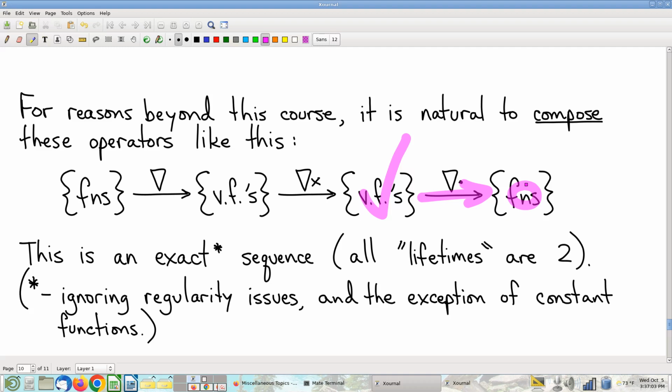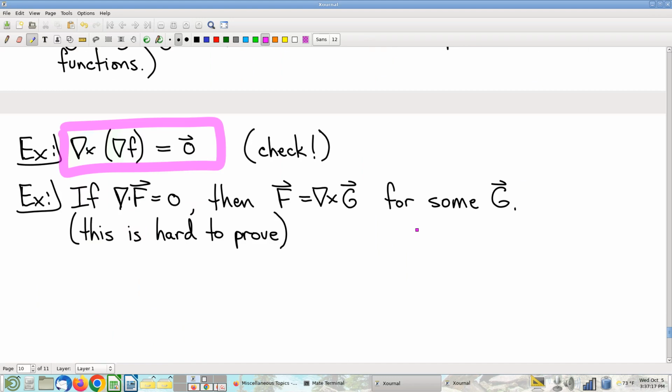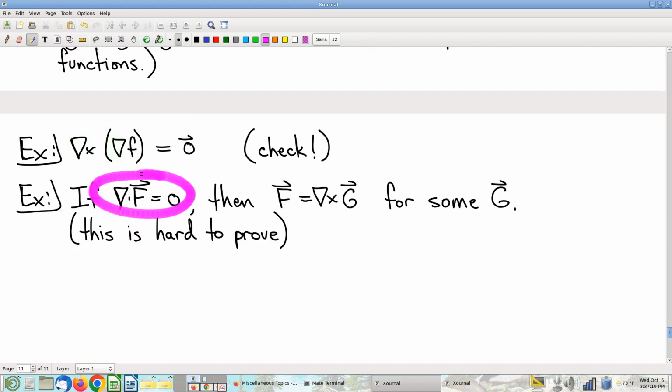Exactly 2. So if it died here, it must have been born here. That means there must be a vector field whose curl gives you that original vector field. Notice that's this statement right here. If the divergence is 0, then that vector field must be the curl of some other vector field.